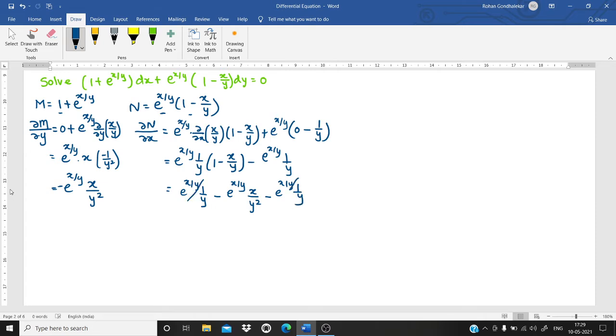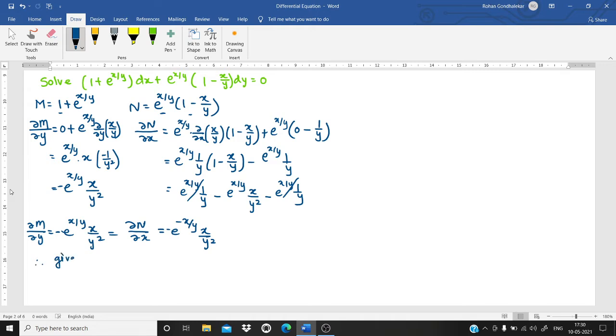So this plus and this minus get cancelled. So ∂M/∂y is equal to minus e^(x/y) into x/y², which is equal to ∂N/∂x. What is the value of ∂N/∂x? Minus e^(x/y) into x/y².